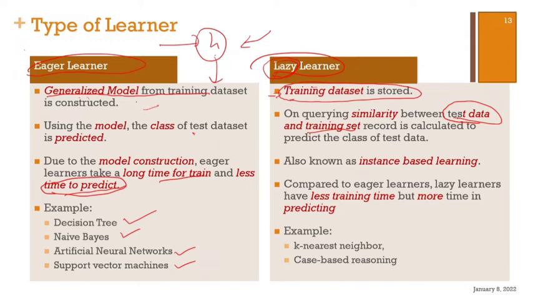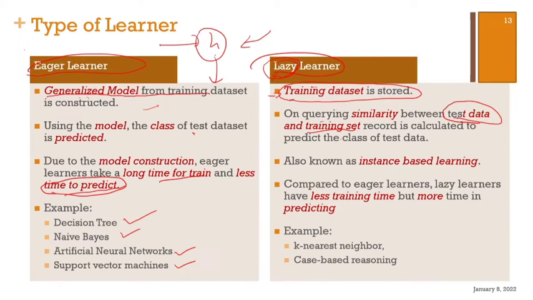In eager learner, it will use the training set to build a model, and class is done with the data set. The training set is gone. Now you have a model you can take along with you that can just be used to predict. However, for the lazy learners, they don't go through that rigor of trying to build a model from the data, but rather it will store the data set.